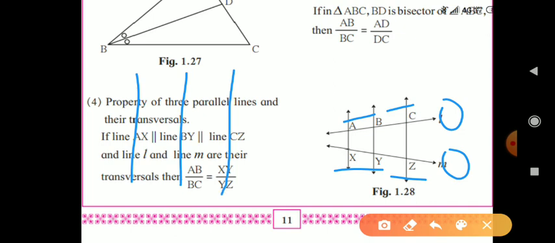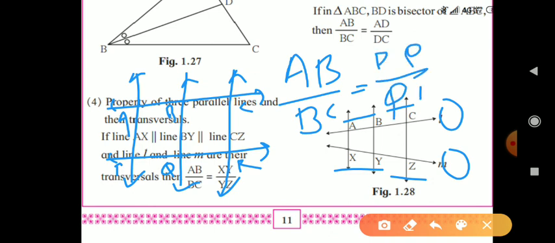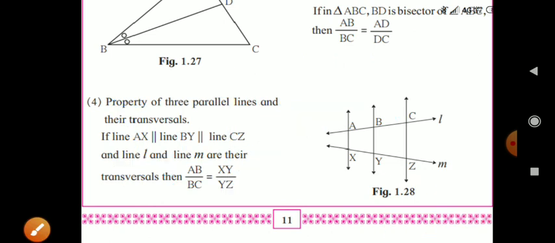We can also draw three parallel lines like this, with two transversals. Suppose here the points are A, B, C and here P, Q and R. Then we have the formula AB upon BC is equal to PQ upon QR, according to the property of three parallel lines and their transversal.